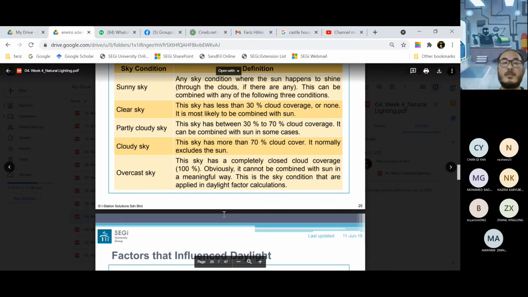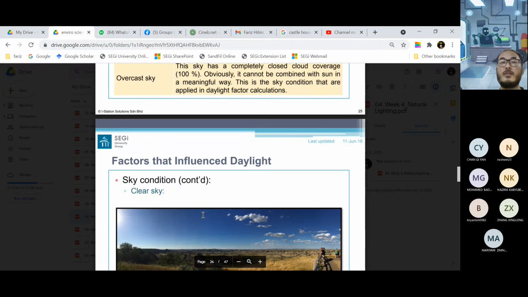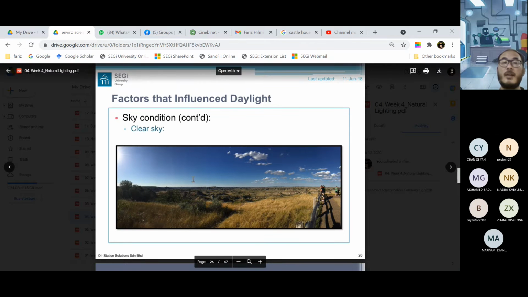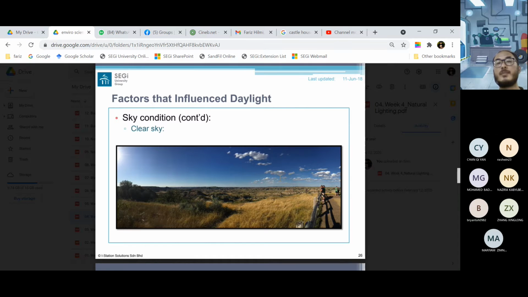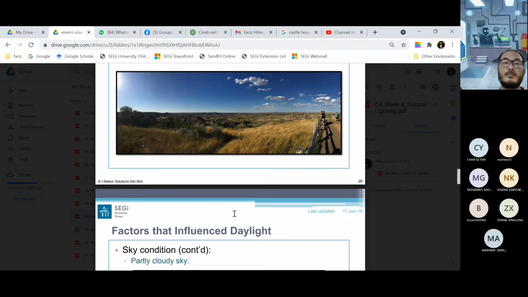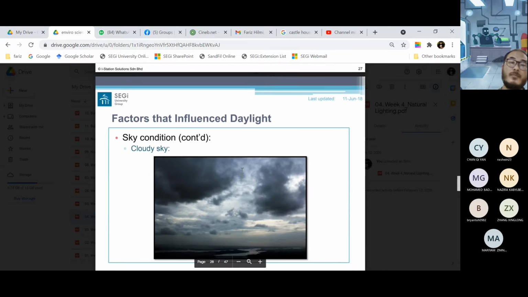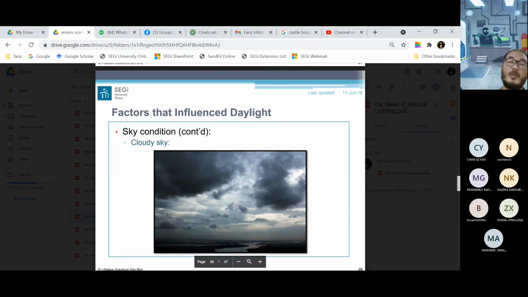So when it is overcast, then you start to calculate the daylight factor. This is sky condition, clear sky. You can see here less than 30%. Sky condition, this is partly cloudy. Some of the sky, if you can see the sky, most of it is cloud, and then cloudy is between 70 to 30%.